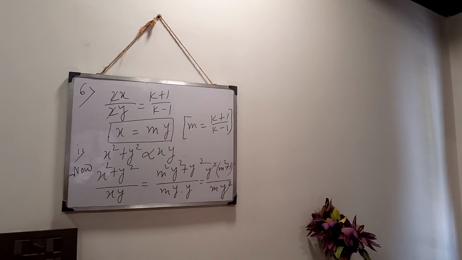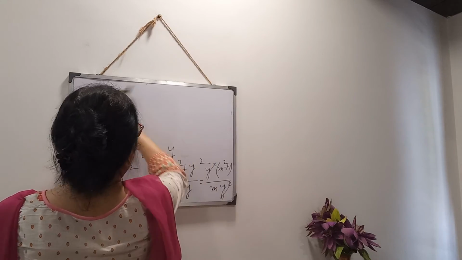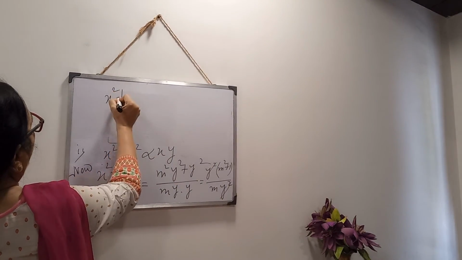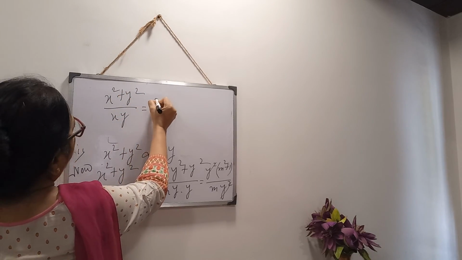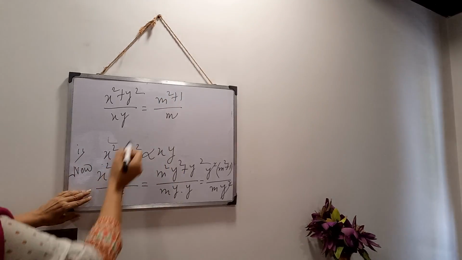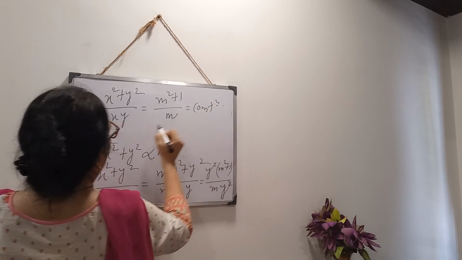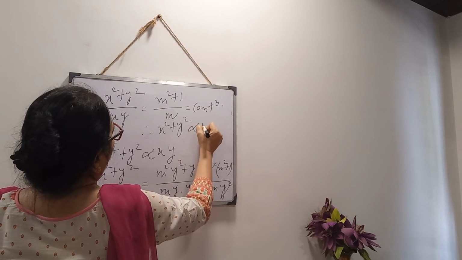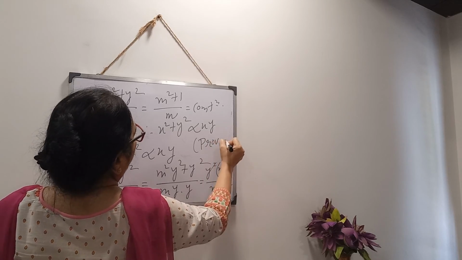So we are getting x square plus y square by xy equals m square plus 1 by m. This is a constant. So from here we can write that x square plus y square varies as xy. In this way you can prove.